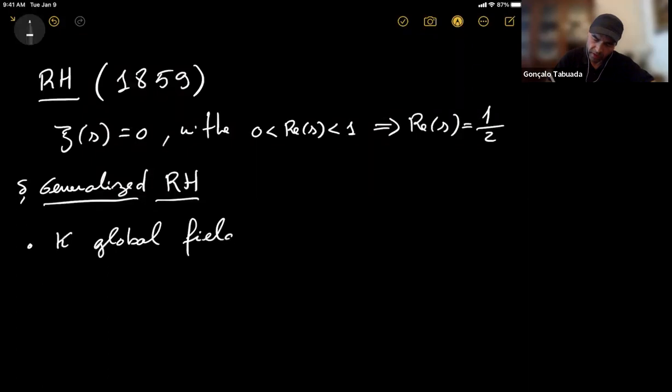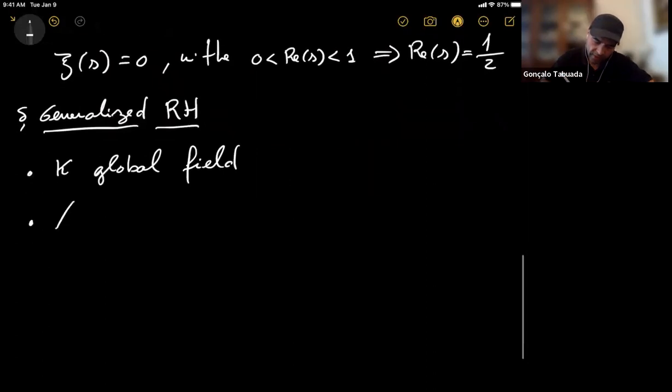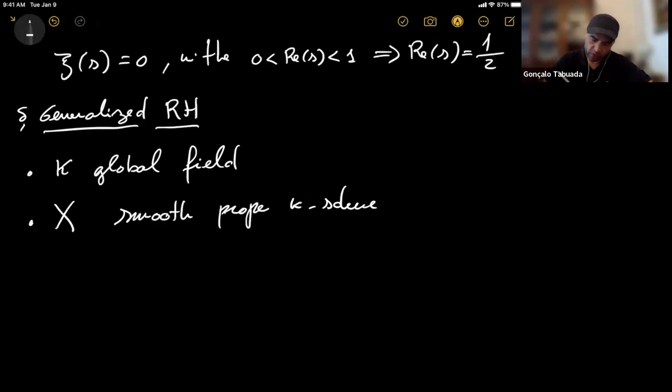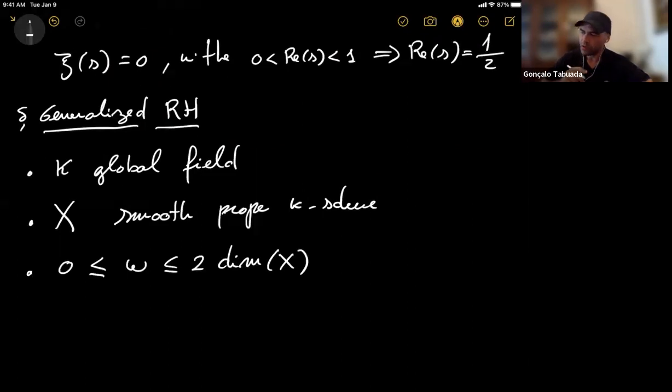This will be a vast generalization of the classical Riemann hypothesis. We have a scheme, which will be a smooth proper k-scheme, and we choose an integer between 0 and twice the dimension of our scheme, which will be the weight that we are considering.